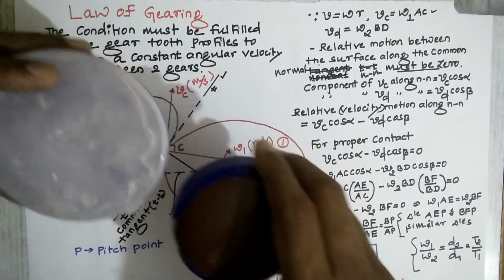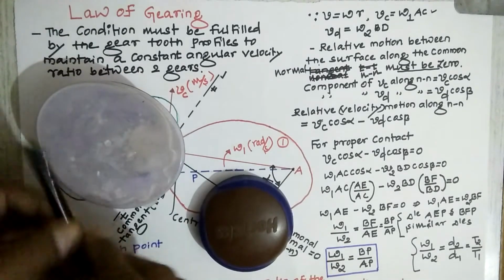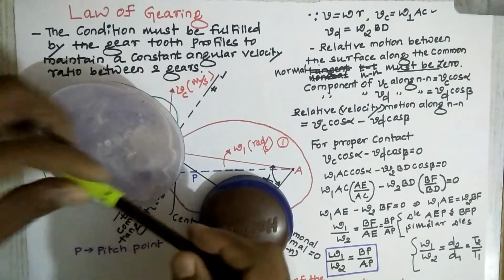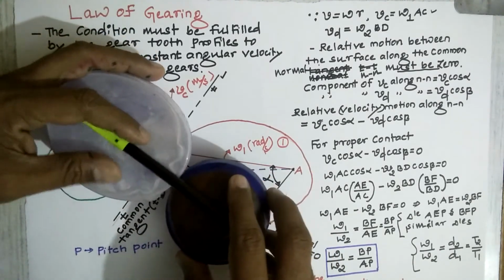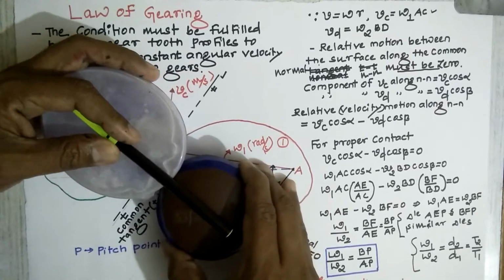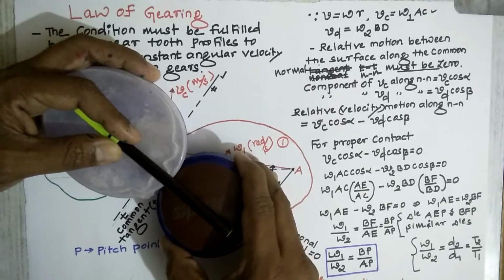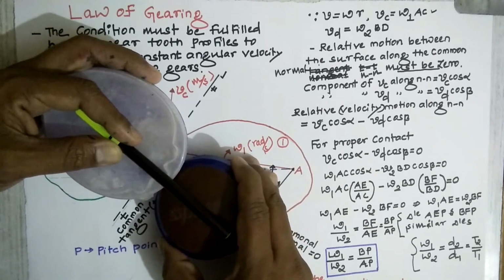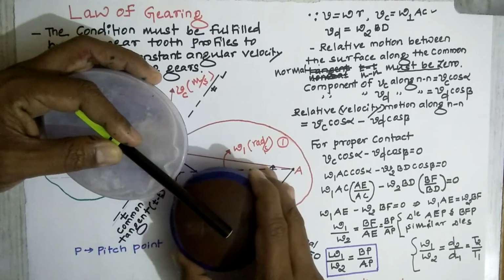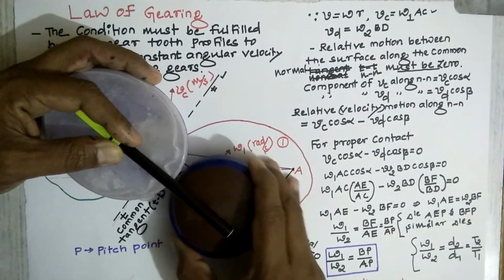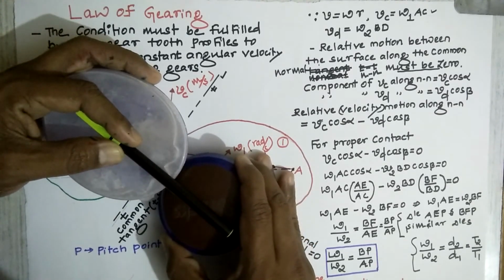When it is rotating, the motion should not be along the common normal. If it is along the common normal, what happens? It will penetrate into the other body. If it moves outward, it will disengage. That's why the motion along the common normal must be 0.